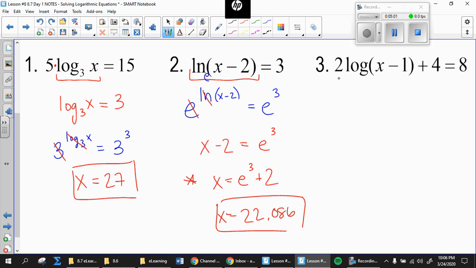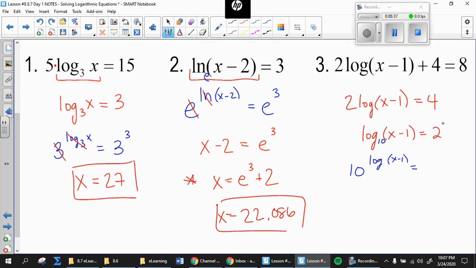Up here, again, we need to isolate first. Just like any other equation, we want to get rid of the adding 4 before we divide by 2. So first thing I'm going to do is subtract my 4. Then we're going to divide both sides by 2. Now remember, this has base 10. It's not written there, but we have to know that, because here we're taking 10 to the power of log of x minus 1.